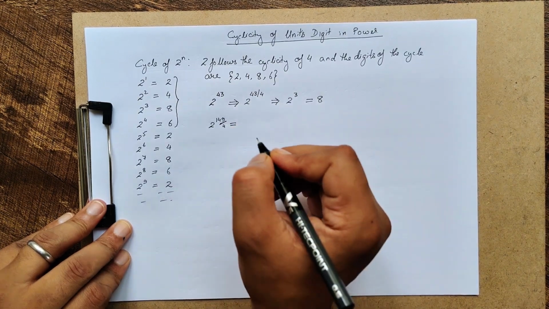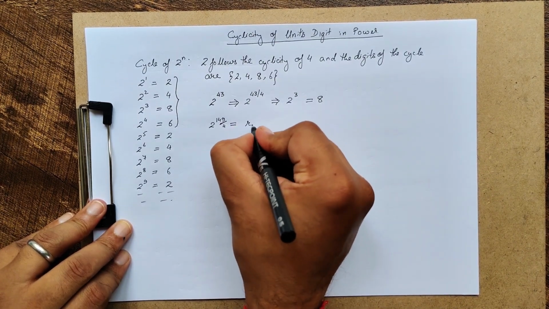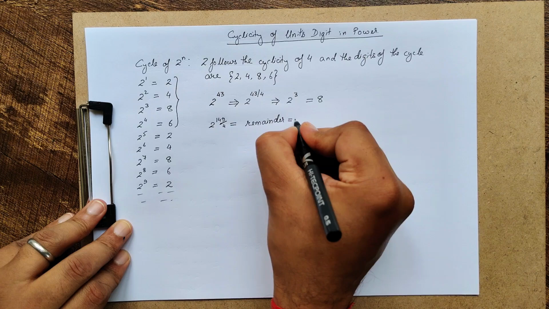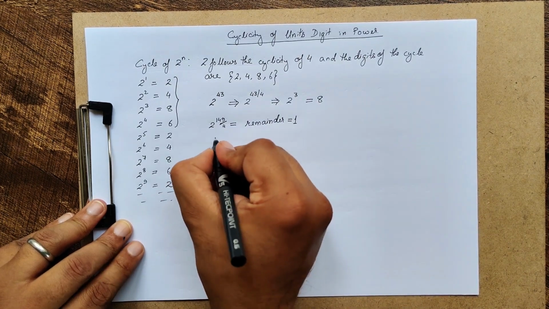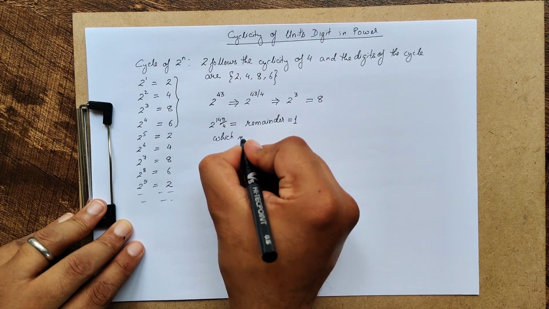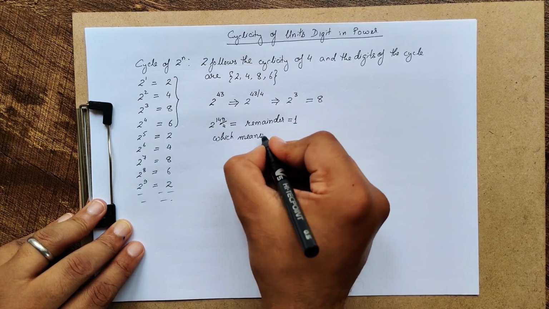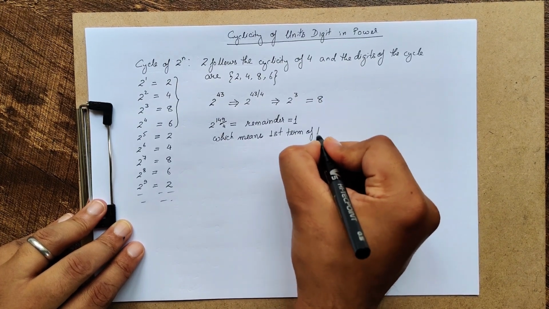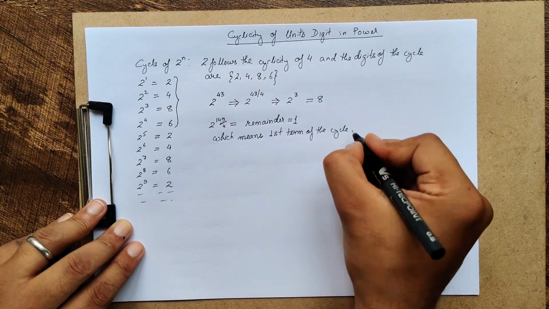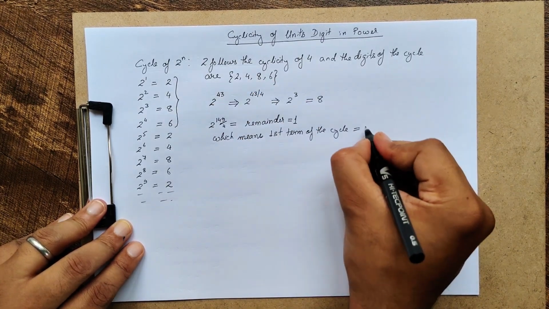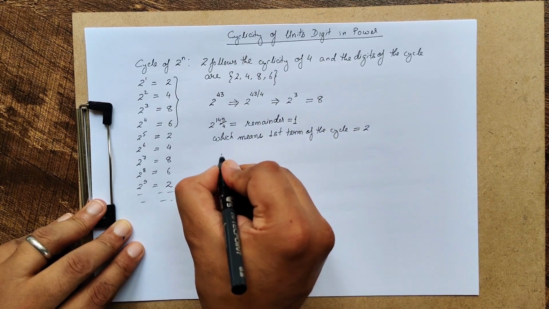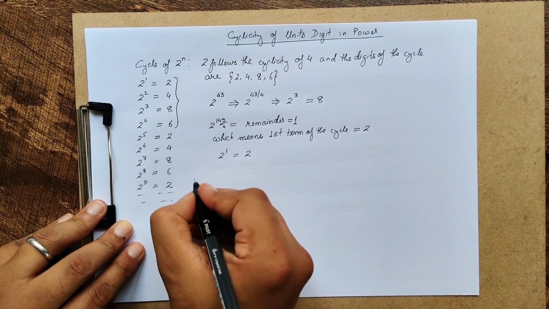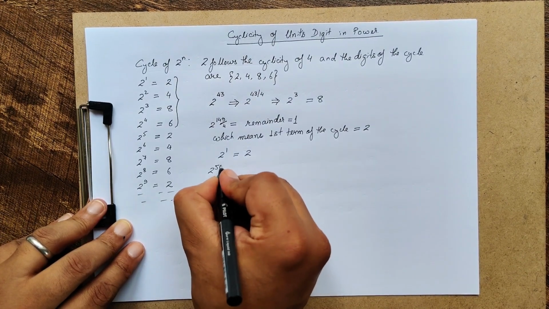So 49 divided by 4, we get the remainder as 1, which means the first term of the cycle, which is 2. So when we get remainder as 1, we can also write it as 2 to the power 1, which is 2.